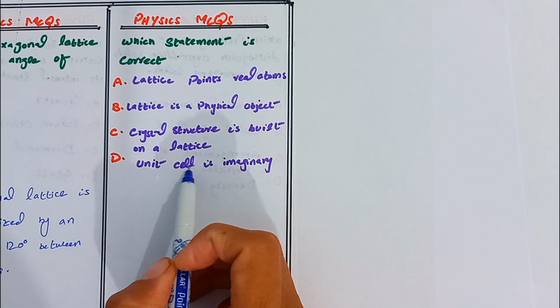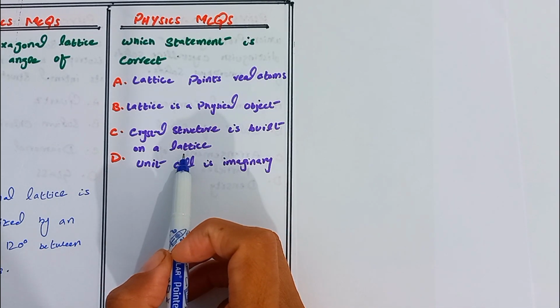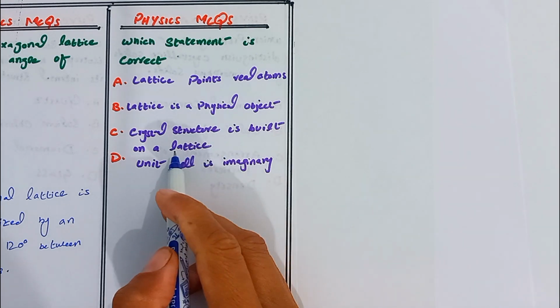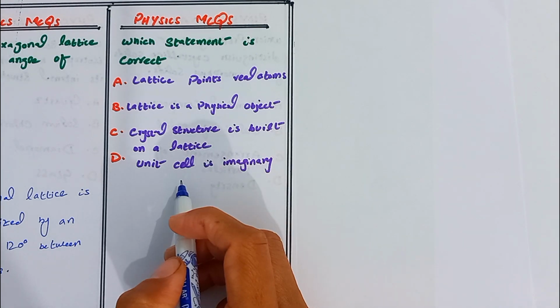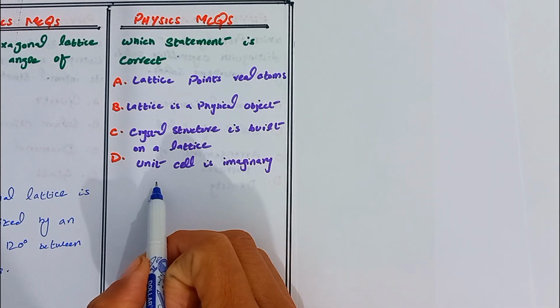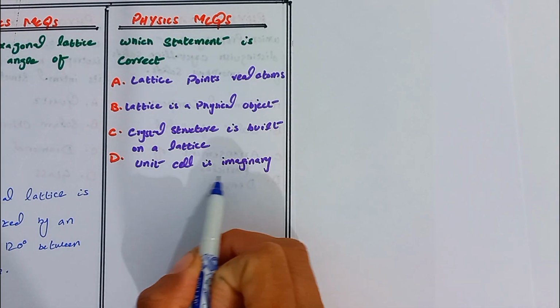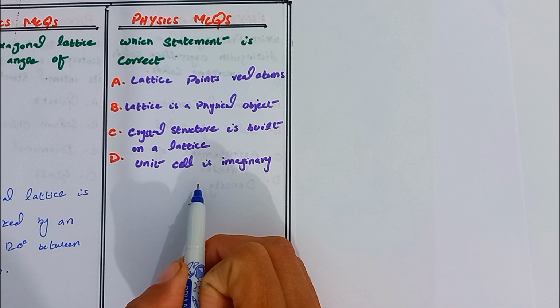Third is, crystal structure is built on a lattice. We know that crystal structure is built when we place the atoms on lattice points. That is correct. And the last one says that the unit cell is imaginary. Unit cell is not imaginary. Unit cell consists of the real atoms.